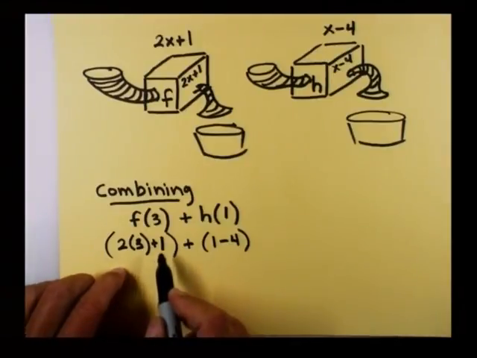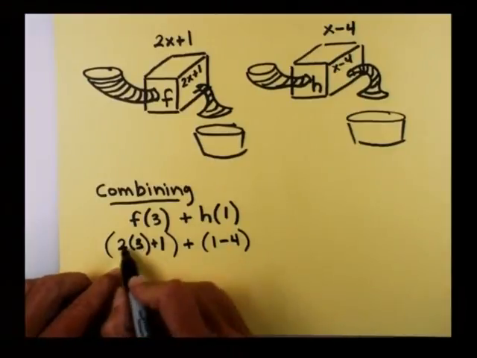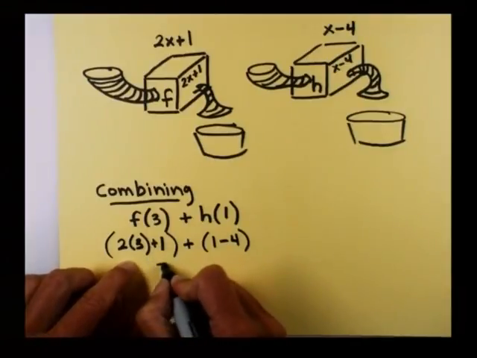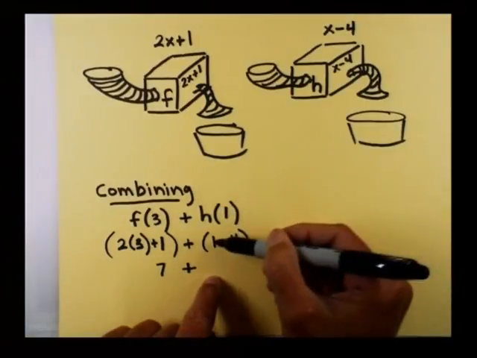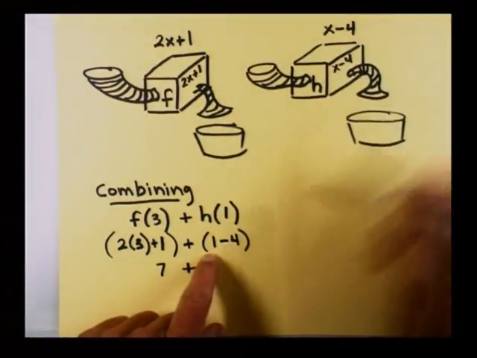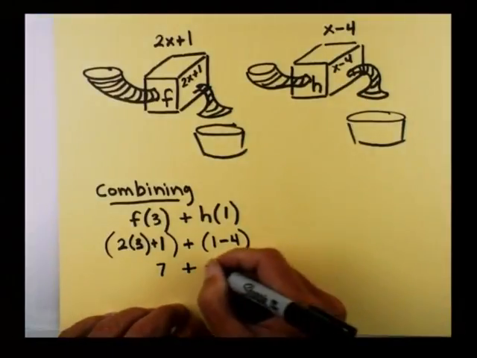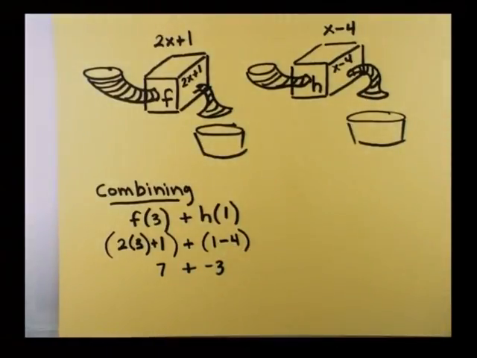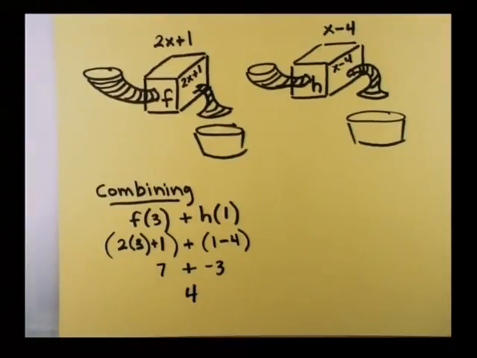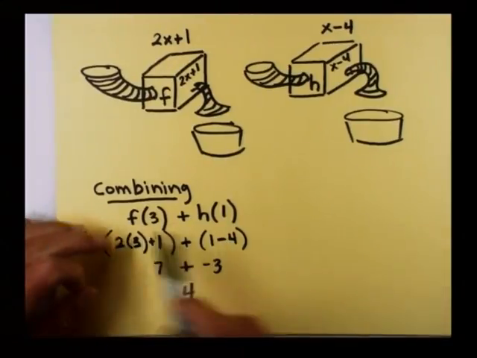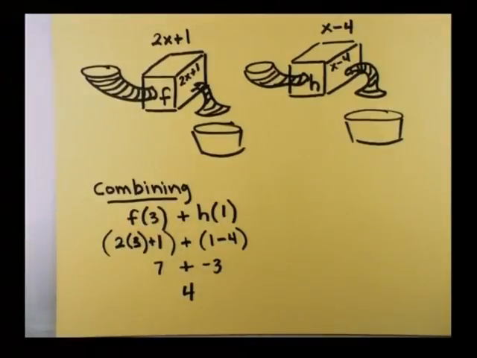On this particular function, I've got 6 plus 1. And I'm adding that to, on the H, when I put in the 1, 1 minus 4 was a negative 3. I can add those two answers together and combine those functions for 4. Fairly simple combining. And our function notation shows exactly what numbers we're plugging into which functions.